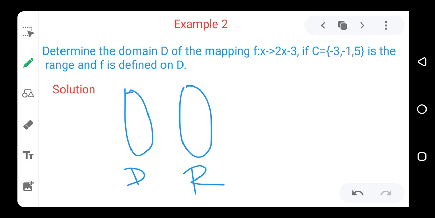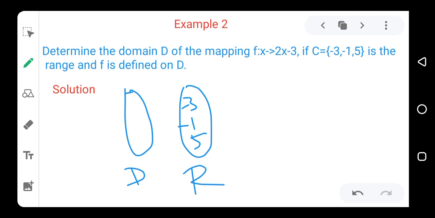So we have it as minus 3, minus 1, and 5. So here, instead of asking us to look for the range, we are given the range and we have to use it and get the domain, the values or the elements in the domain.